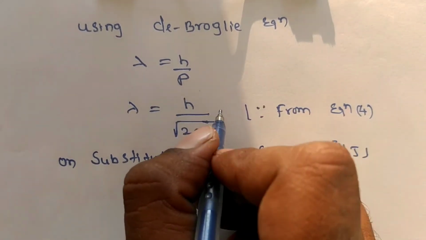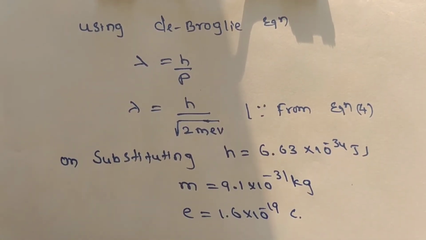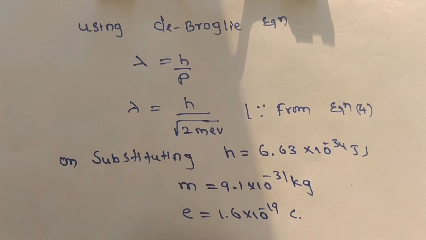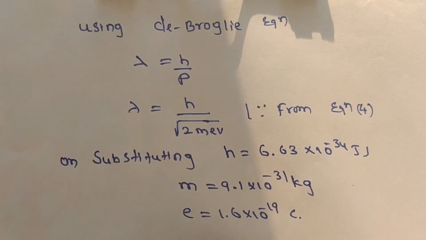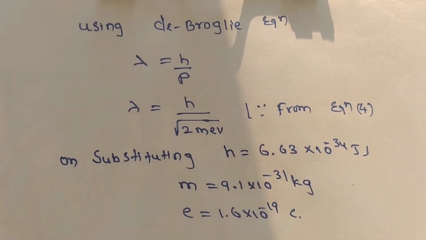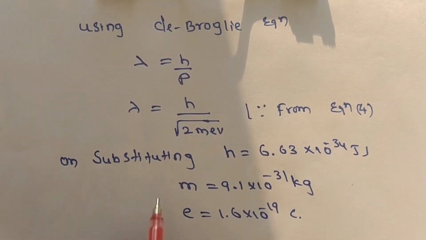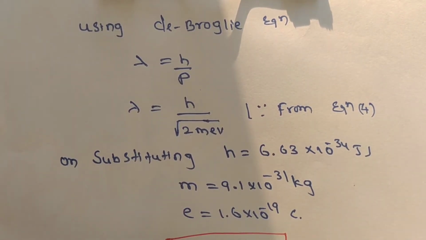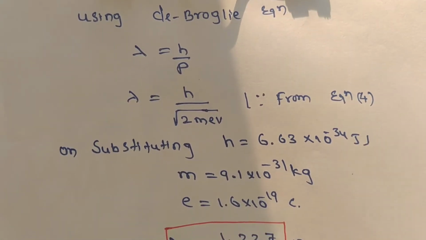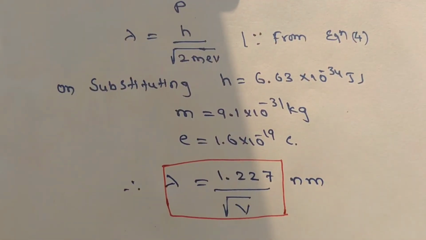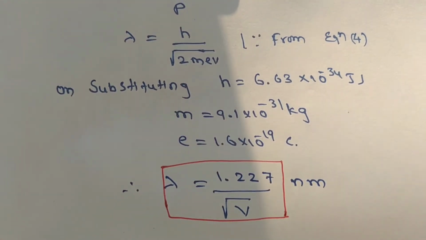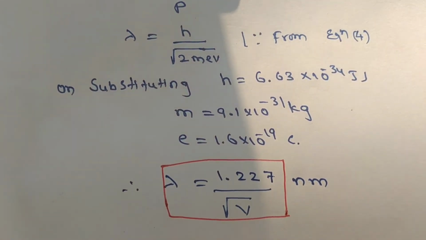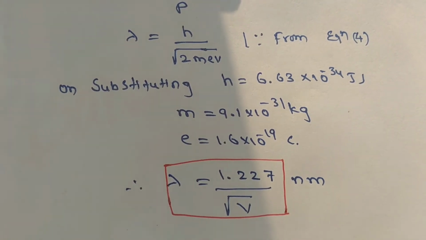Substituting these values in the above equation, finally we get lambda is equal to 1.227 divided by root of V nanometer. This is the final expression of the deBroglie wavelength in terms of accelerating potential. This is very important for problems and for CET and NEET also. Up to here, 2 derivations are over.